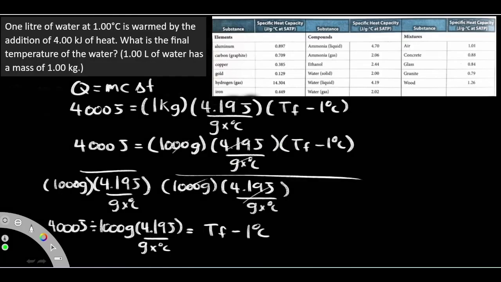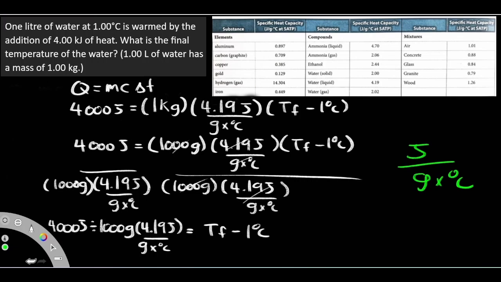Let's look at an example of a question. 1 liter of water at this initial temperature is warmed by the addition of this much heat. What is the final temperature? Well, you just have to plug in your values appropriately. Make sure that your kilograms here are changed into grams, because as shown in this table, our specific heat capacity has joules in the numerator, and grams multiplied by the Celsius temperature in the denominator.